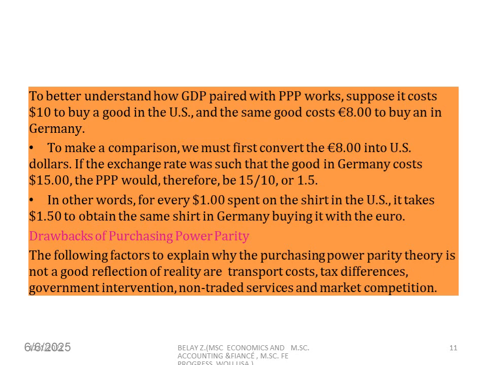To better understand how GDP paired with purchasing power parity works, suppose it costs $10 to buy a good in the USA and the same good costs €8 in Germany. The product is the same, but it is $10 in the USA and €8 in Germany.